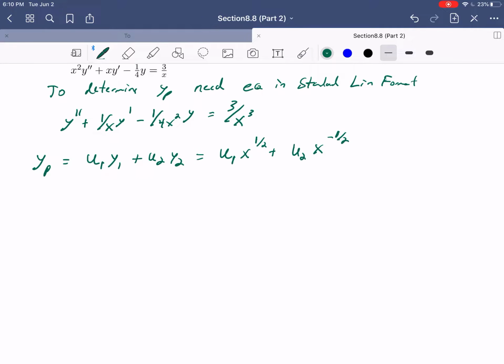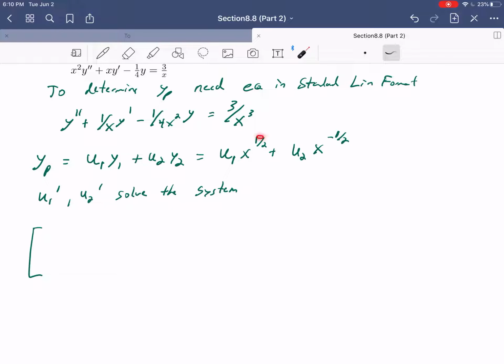That means then that from our variation of parameters work, we know u1 prime, u2 prime solve the system, and I'll go straight to the matrix format here.